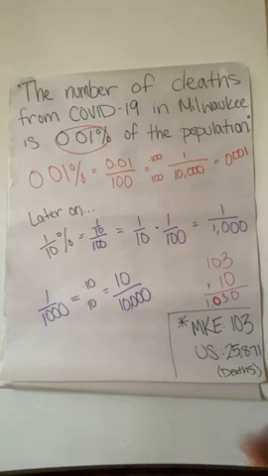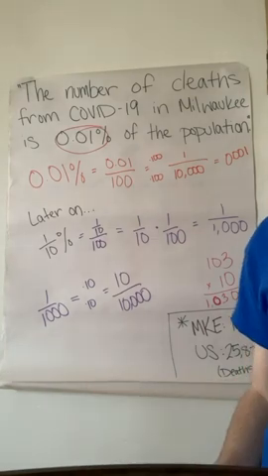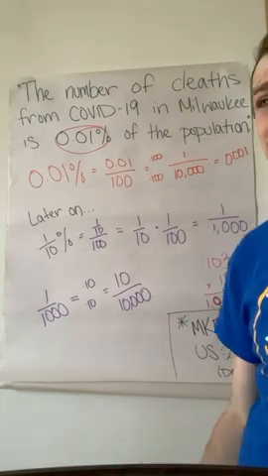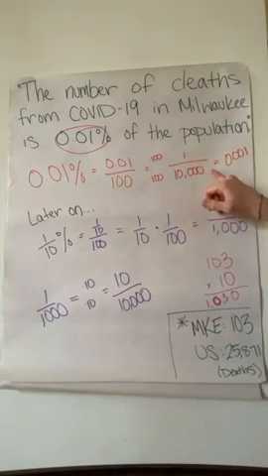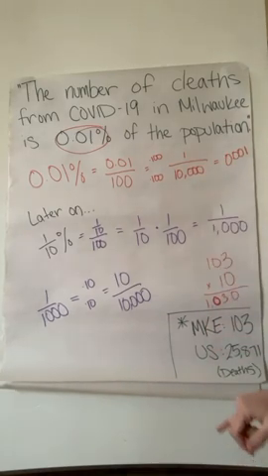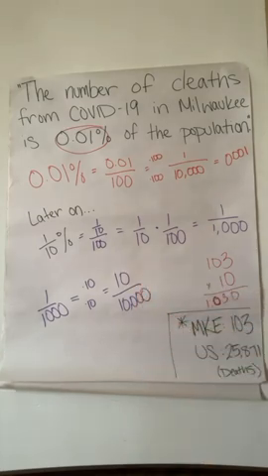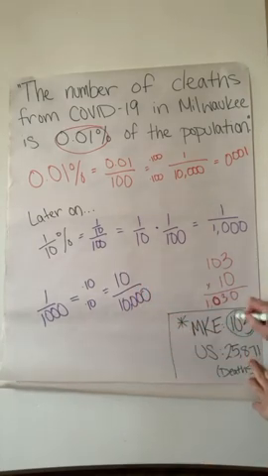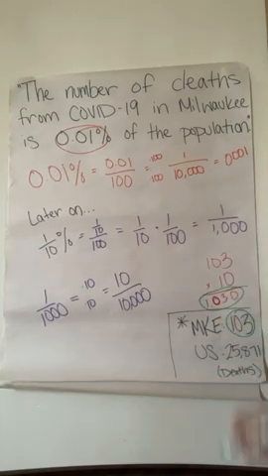In the span of the next month, I hope not, but based on the number of tests that are coming in and the number of people who are acting irresponsible, we might go from 1 out of every 10,000 people in Milwaukee dying to maybe 10 out of every 10,000 people dying. Or we might go from right now 103 deaths in Milwaukee to all of a sudden 1,030 deaths in Milwaukee.